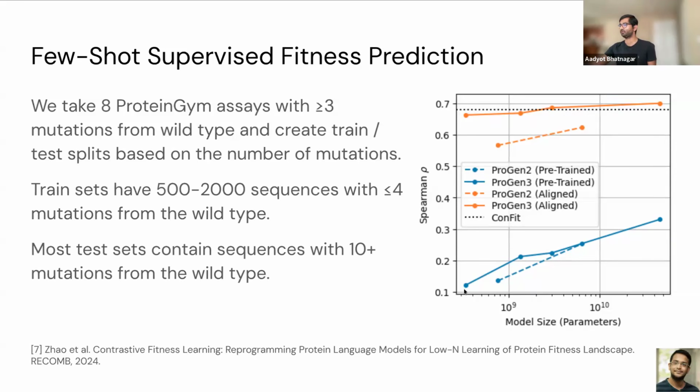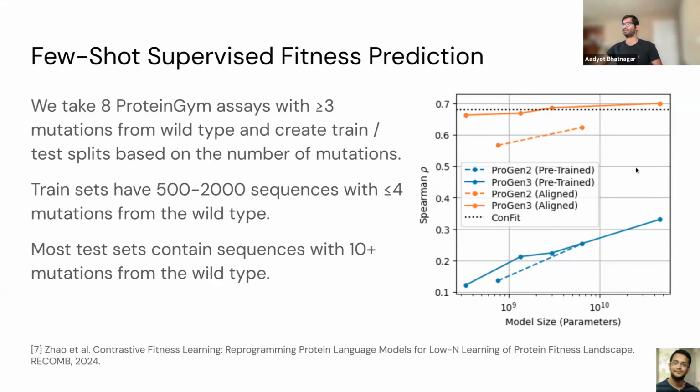The blue lines here are the pre-trained model performance, both for ProGen2 and for ProGen3. And then in orange, I show the performance of these models after applying alignment. The way I'm measuring the fitness prediction performance is by the Spearman correlation between the model likelihoods and the fitness value of interest.